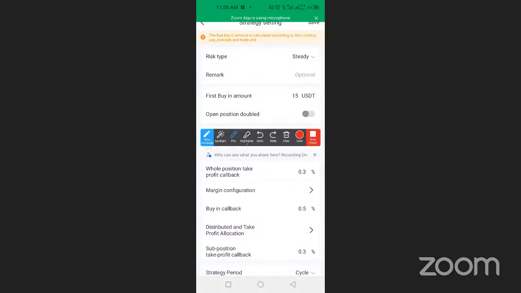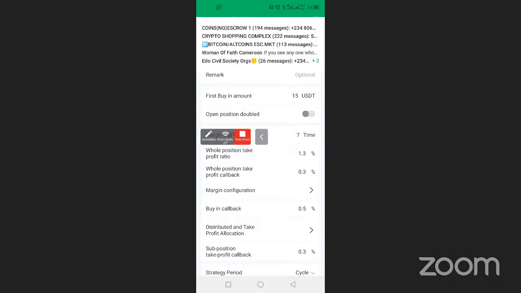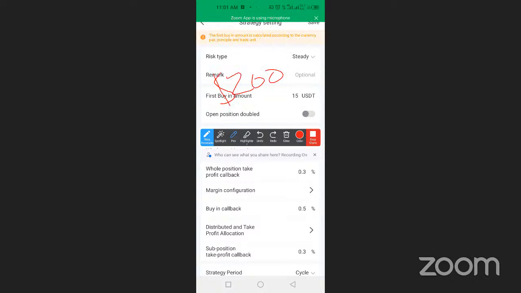So what I will do is, let's assume I'm having 200 in my account. So I will type there 200. I will type here $40. So this setting that I'm doing here is like, let's assume you're having $200 in your account.